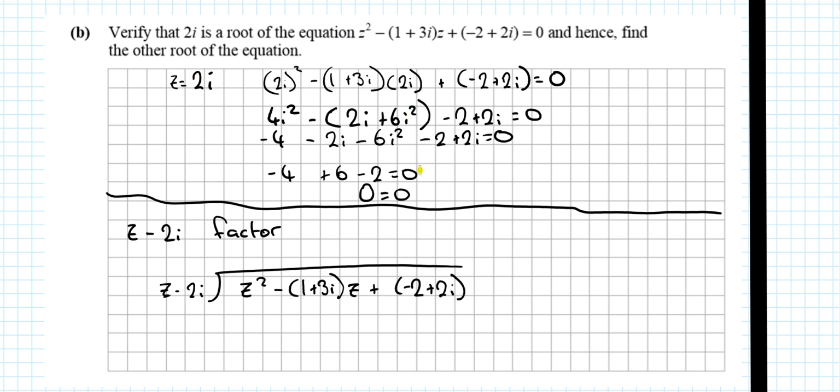Then 4i squared, well i squared is the same as minus 1, so I'm getting minus 4. Minus 2i, minus 6i squared. I notice that the 2i and the minus 2i cancel. The minus 6i squared changes to plus 6i squared, and 0 is equal to 0, so therefore z equal to 2i is a root.